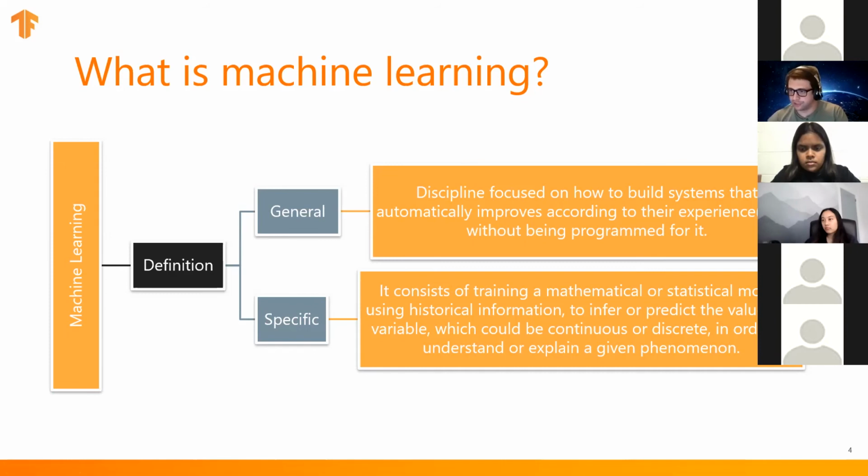All the information from the transactional applications that we develop can be used to improve how the system works. And if we want to go more specific, this consists of training a mathematical or statistical model using historical information to infer or predict the value of a variable.